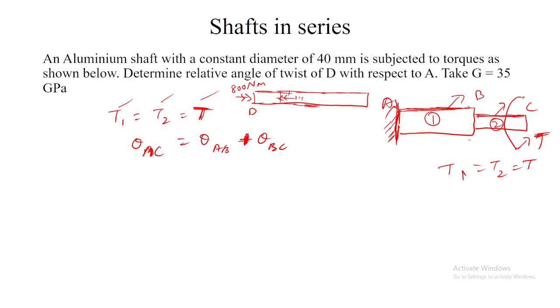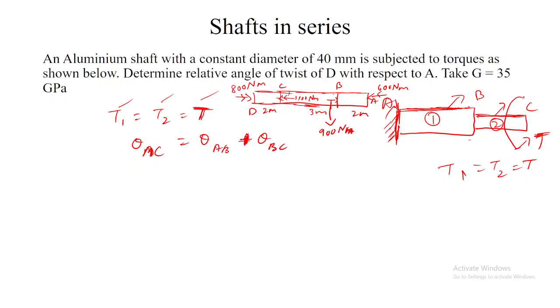This is section B, this is section C, this is 2 meter, this is 3 meter, and this is 2 meter, and this is section A. This is 600 Newton meter, and this one is 900 Newton meter.